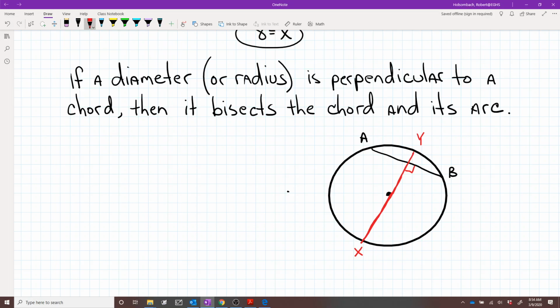So that means that if we call this point in here Z, then segment AZ is congruent to ZB. Diameter's perpendicular to a chord. It bisects the chord, and it bisects this arc right here. So AY would be congruent to YB.